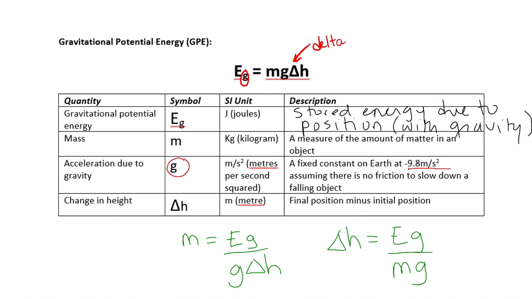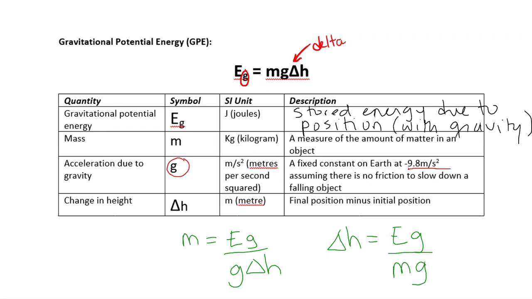But on Earth, our acceleration due to gravity is equal to negative 9.8 meters per second squared. So this is a fixed constant, and it assumes there is no friction slowing down a falling object. Even in Physics 11, for the most part, we ignore friction of falling objects, so you just worry about g.